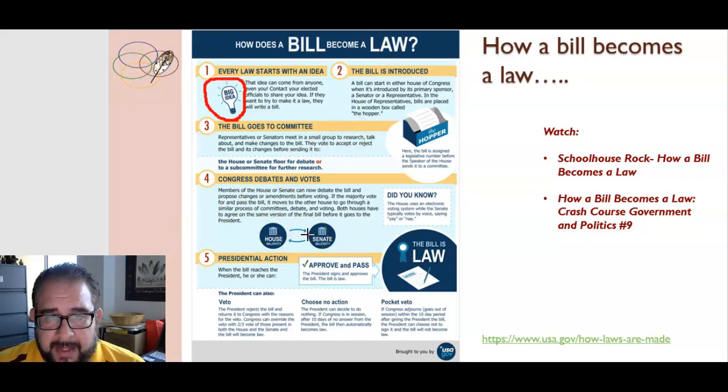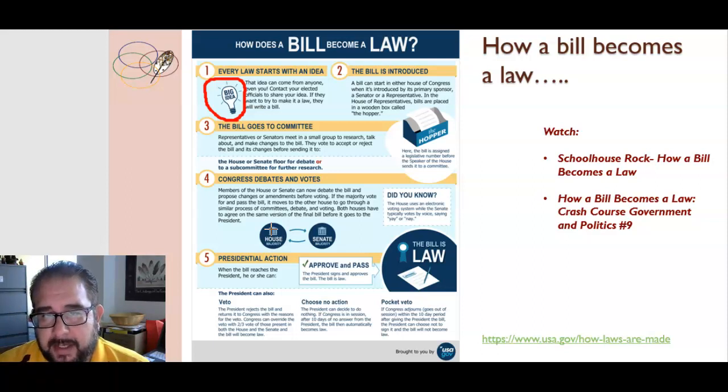But if the opposing party has a majority in either House or Senate, it makes it extremely difficult to get a law passed that completely goes for what your policy idea is.